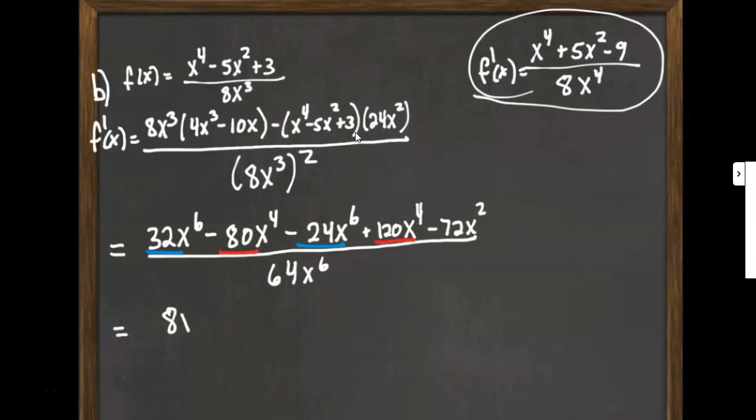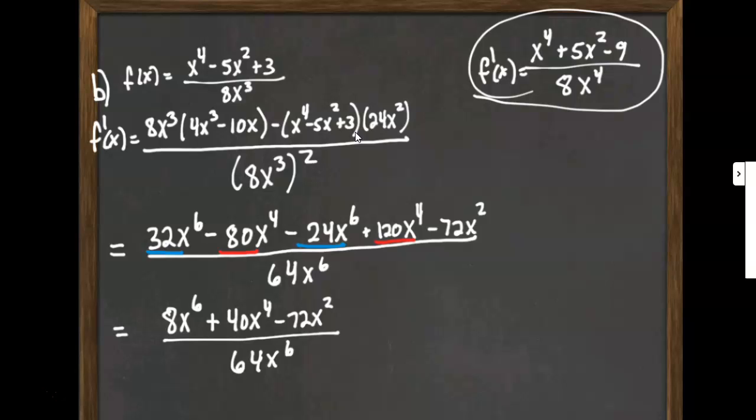Okay, so 32x to the sixth minus 24x to the sixth would be 8x to the sixth. Minus, actually, which becomes plus because of the 120, plus 40x to the fourth. Minus 72x to the second, all over 64x to the sixth.